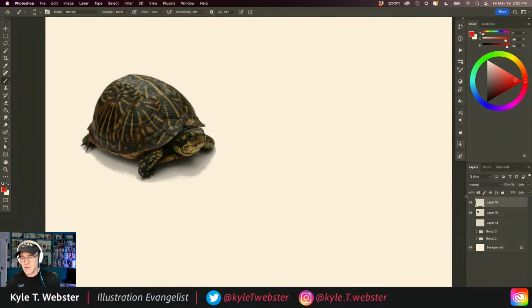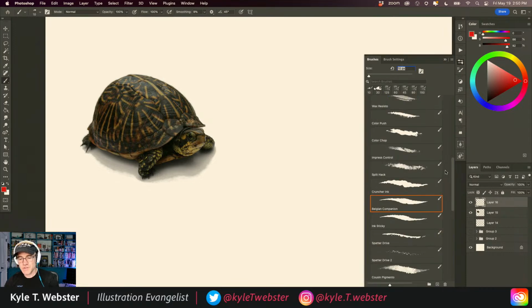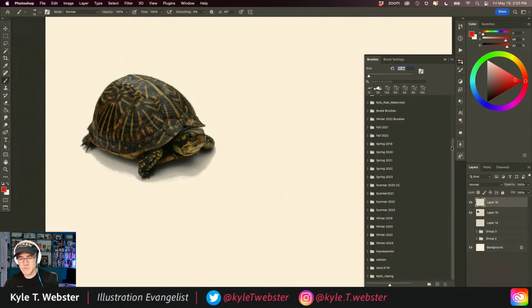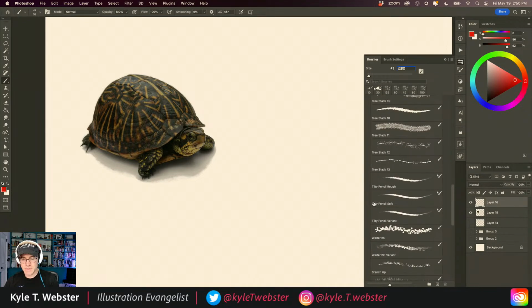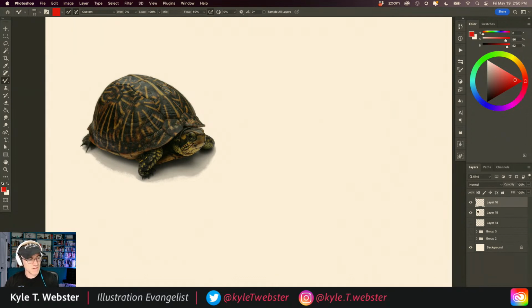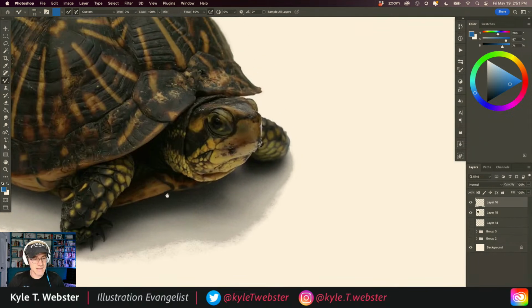Let me switch over to a pencil here. I'll go into the Winter 2022 brush set and grab this tilty pencil variant. I like drawing with that pencil. You all can see that pretty nicely. So if we look at the real source material and the head of a turtle, I'll zoom in so you can see it.